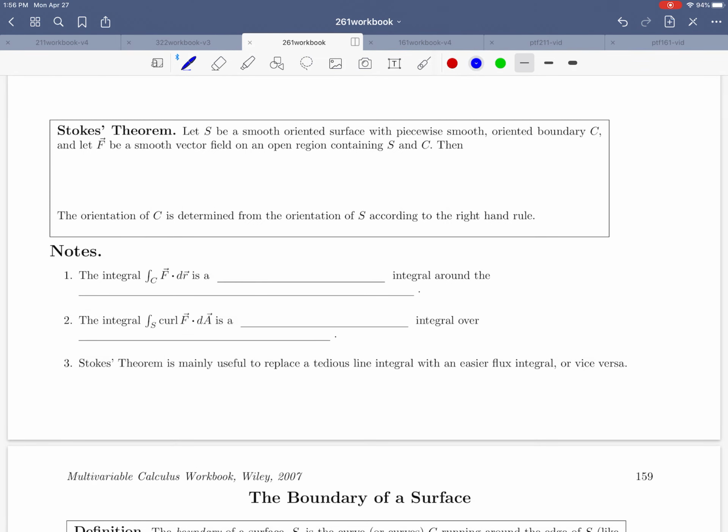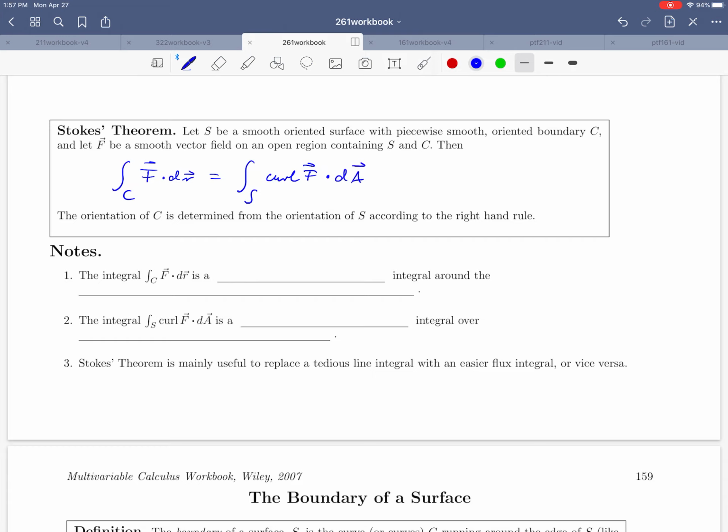Stokes theorem says that if you have S, a smooth oriented surface with piecewise smooth oriented boundary C, and F, a smooth vector field in an open region containing both S and C, then the line integral around the boundary curve C of F dr is equal to a flux integral through the surface inside of our curve C of the curl of F dA.